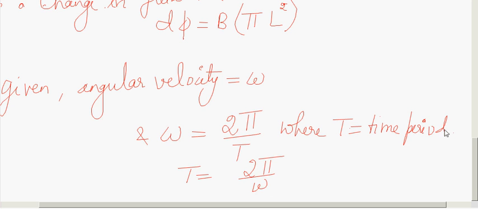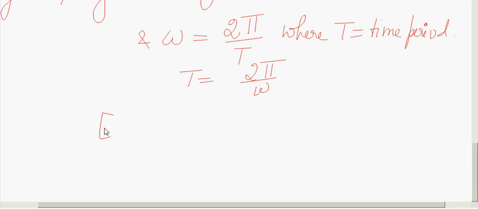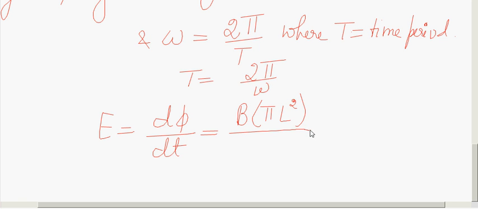Now E is d phi by dt, which we are calculating for one revolution. The change in flux in one revolution is B into the area, pi L square, divided by the time period for one revolution, T, which is equal to B pi L square divided by 2 pi by omega.